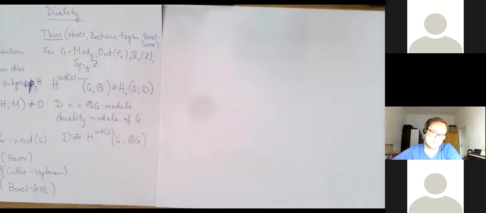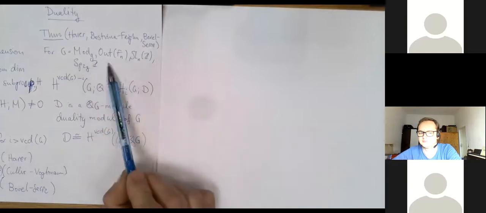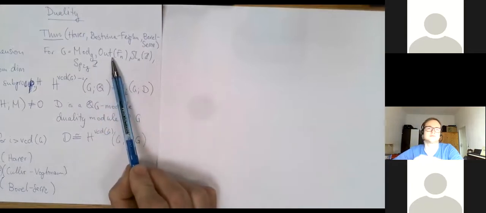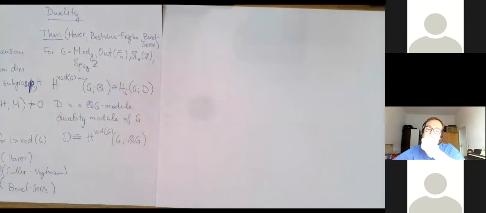But that's often not very helpful to necessarily compute. And in particular, we don't really know, for example, what it is for Out(Fn).